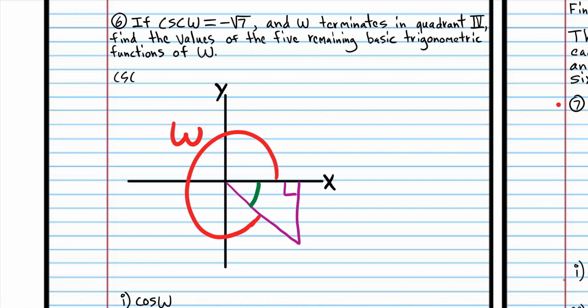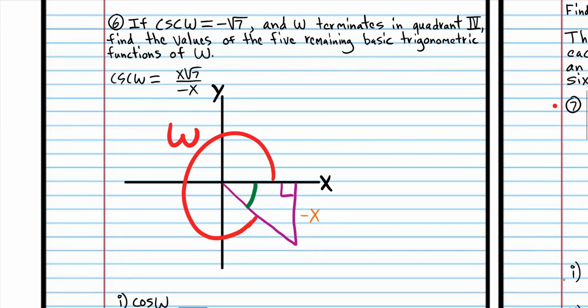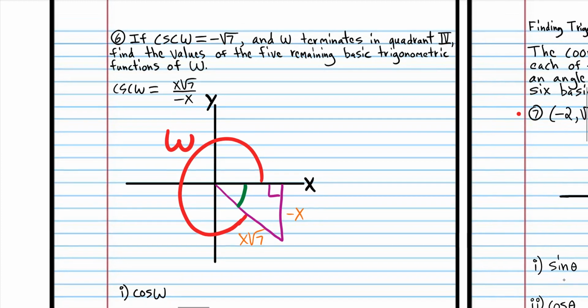So we know that cosecant omega is equal to x root 7 over negative 1, or negative x, that is. We don't know the actual side length, so that's why we're writing x's. We do know that the negative has to be on the x, because that represents the opposite side, which we can clearly see is negative in quadrant 4. And the hypotenuse is x root 7.